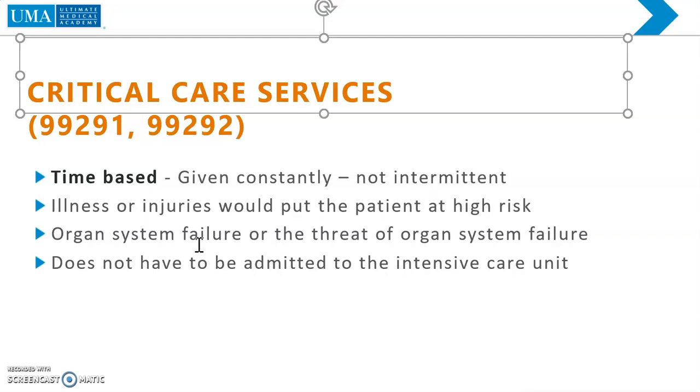The patient has a high risk of dying. The patient cannot be admitted at this time. So there is no way that you can say, okay, let's put this patient into ICU and we'll manage. No, the treatment has to be given right here, right now. So this is how we judge critical care services.